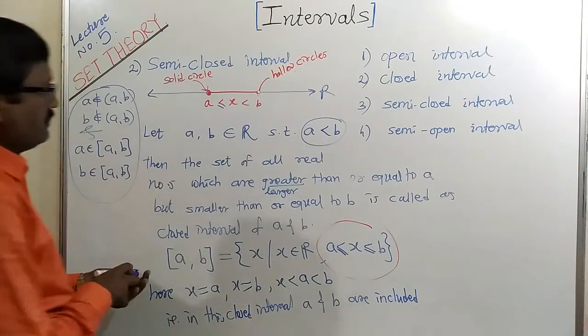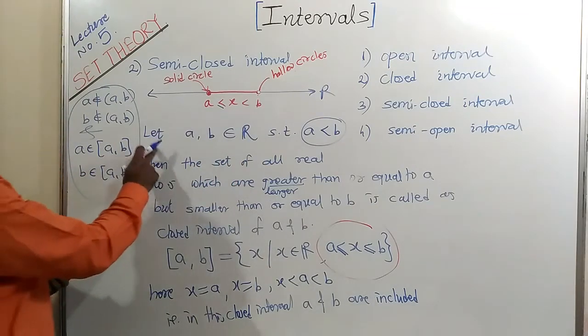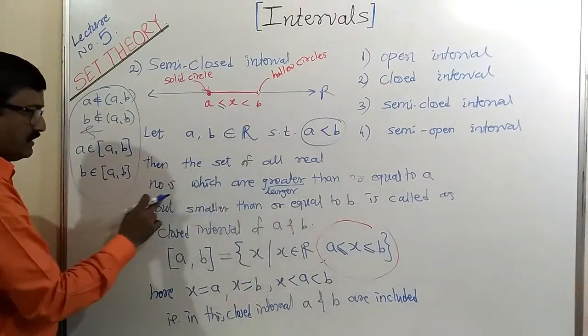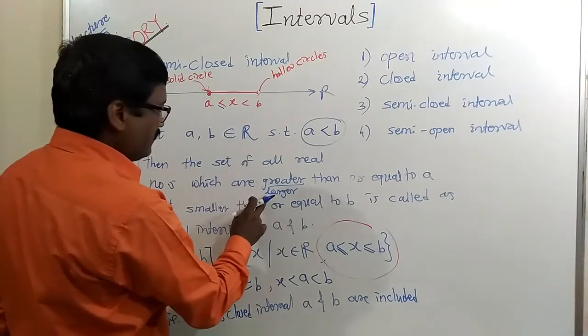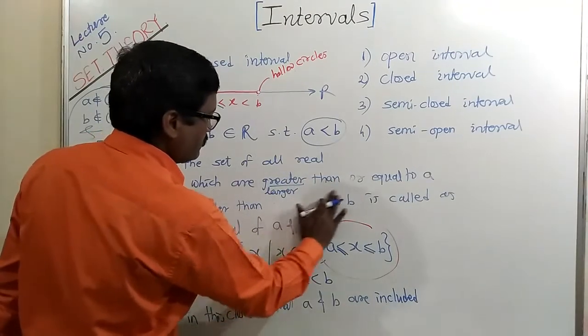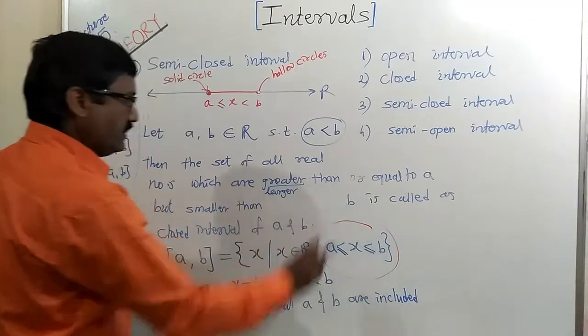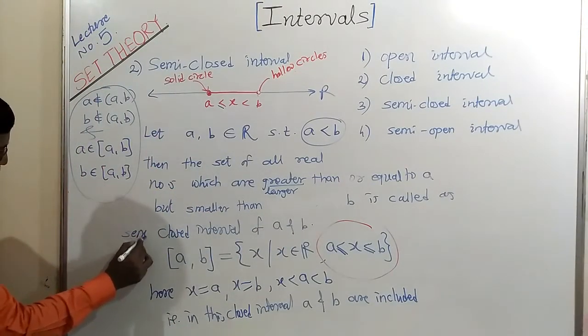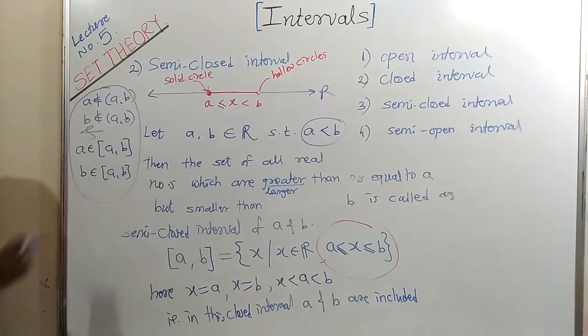Here once again we will define it in a similar way. Let A and B belong to R such that A is less than B. Then the set of all real numbers which are greater than or equal to A but smaller than B is called a semi-closed interval.